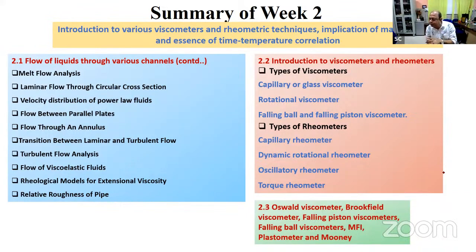Ostwald viscometer is a very preliminary viscometer, based on the concept of flow of a certain length in a capillary tube. Then, for example, the falling piston viscometer. Each viscometer or rheometer has its own limitations and of course advantages. Based on what you are targeting in the measurements, what sort of information you want to fetch, you have to choose.